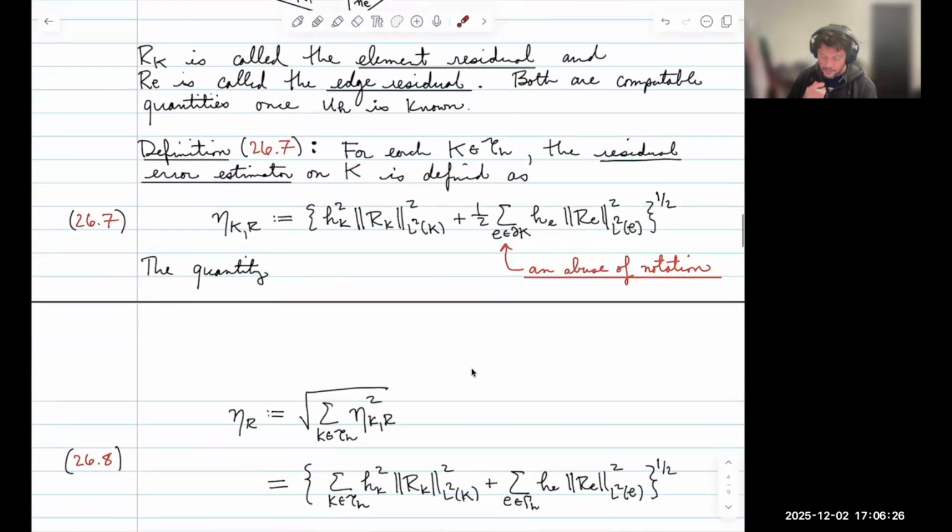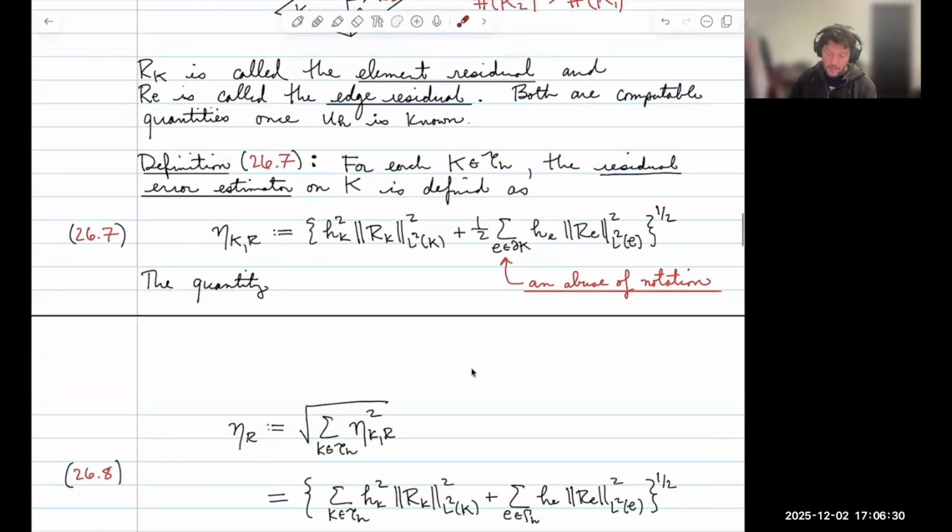All right. And now I'm ready to define my error estimators. For each triangle in my mesh, the residual error estimator on K is defined in the following way. My notation here is eta, not n. It's eta sub K sub R, and it is equal to a square root of a sum of two things.